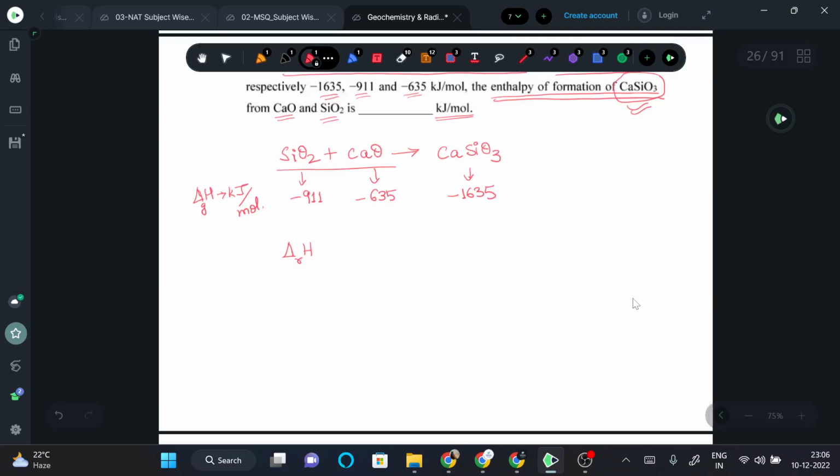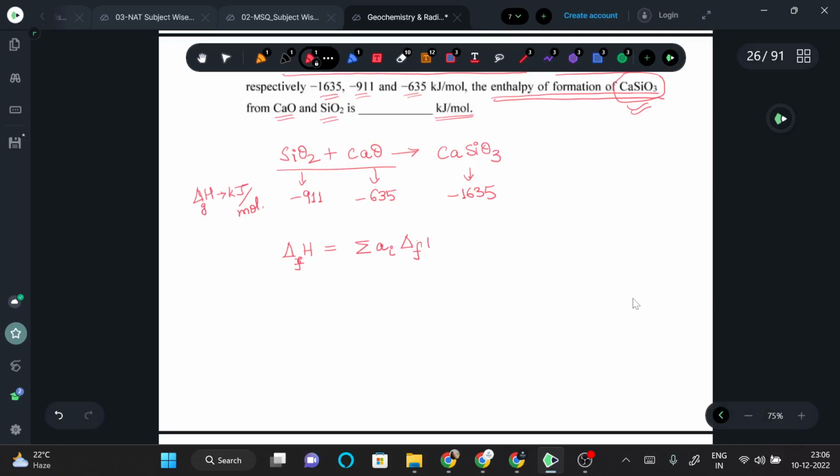So you can write it as delta HF or delta HR. So what will this be? I don't think you all remember the formula, so I will write it here. Since this is a revision course, we will keep on revising these things. Even if it's your first time, it doesn't matter. You can get these things right.